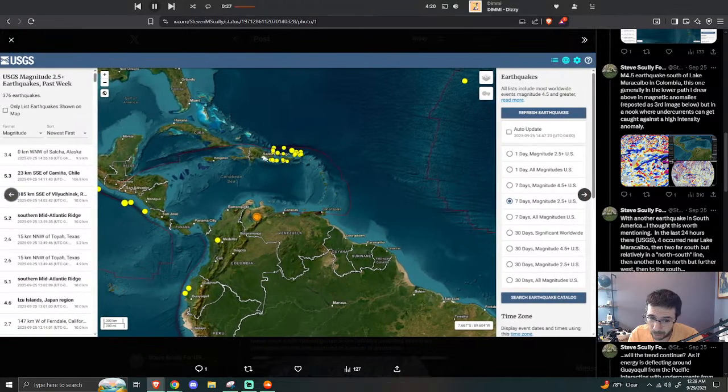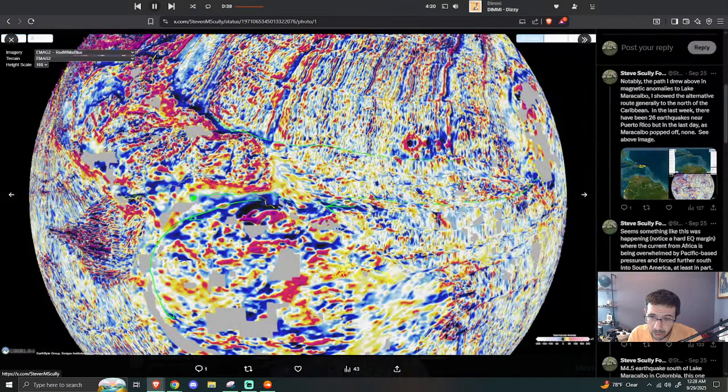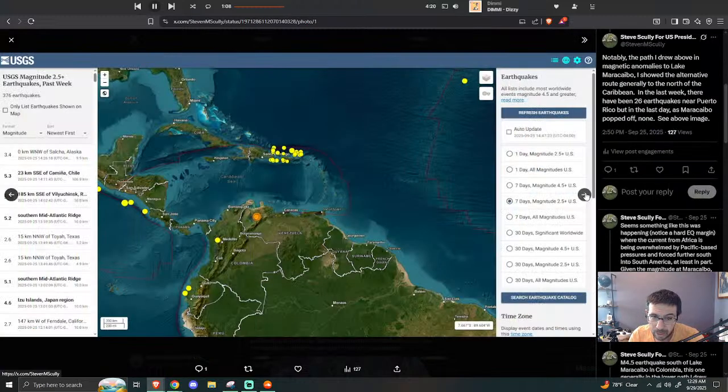A bunch of them, way more than one a day, at least three a day. And then there weren't any. And then Maracaibo, which suggests that this pressure going out of here to the Caribbean and interacting with eastward currents was so overwhelmed that it got pushed down here and exhausted more into South America than it was prior, which then led to these earthquakes here, is my interpretation, as part of it.